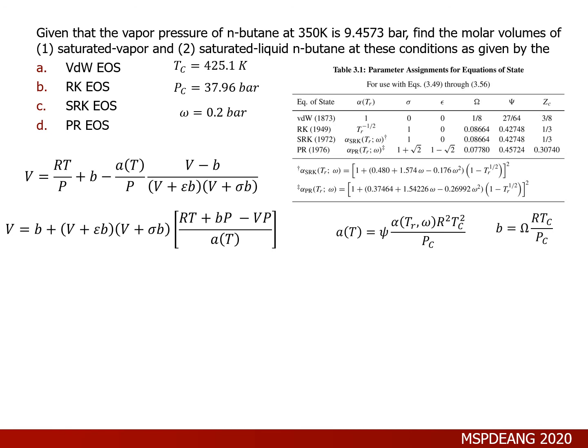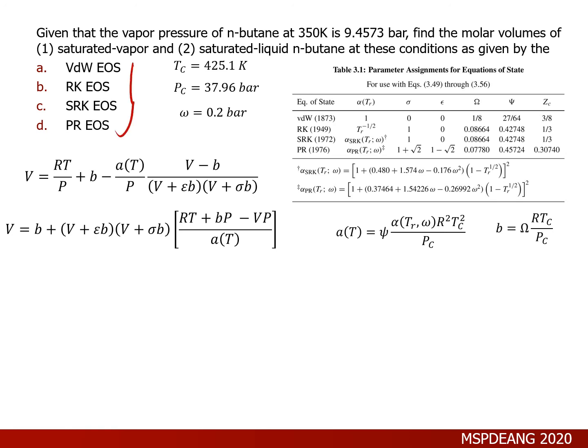Okay, so let's have this example, which you should try to do on your own before proceeding to the worksheet. So given the vapor pressure of N-butane, which is 9.4573 bar, it is already given, so you don't have to find it. Find the molar volumes of saturated vapor and saturated liquid N-butane at these conditions using all 4 cubic EOS.